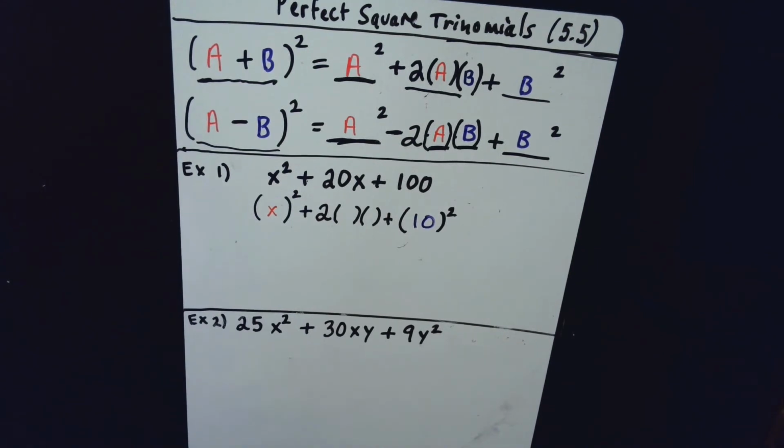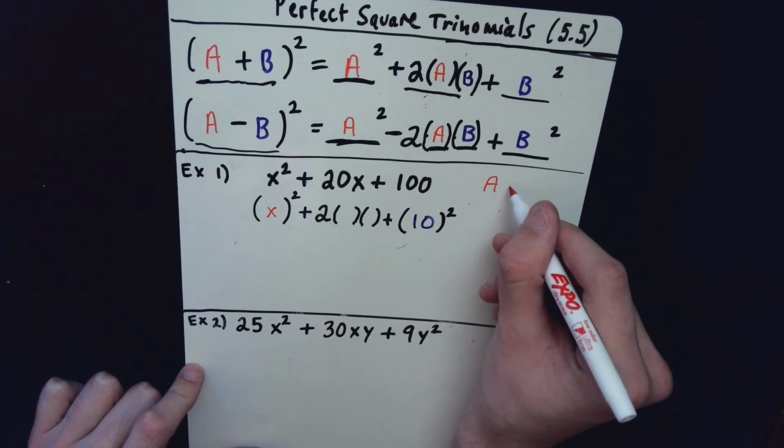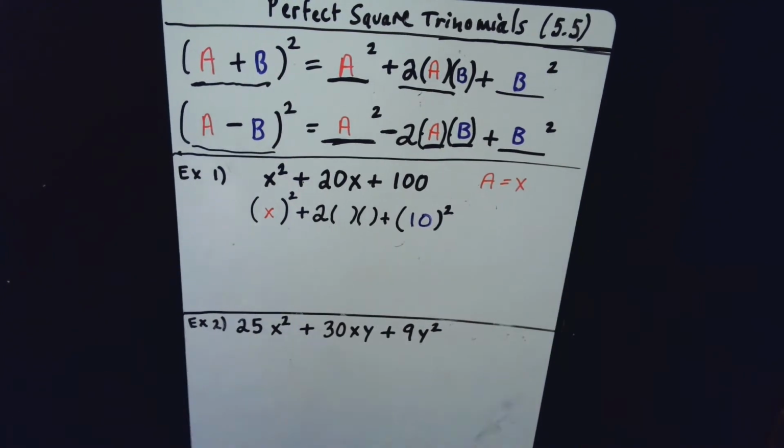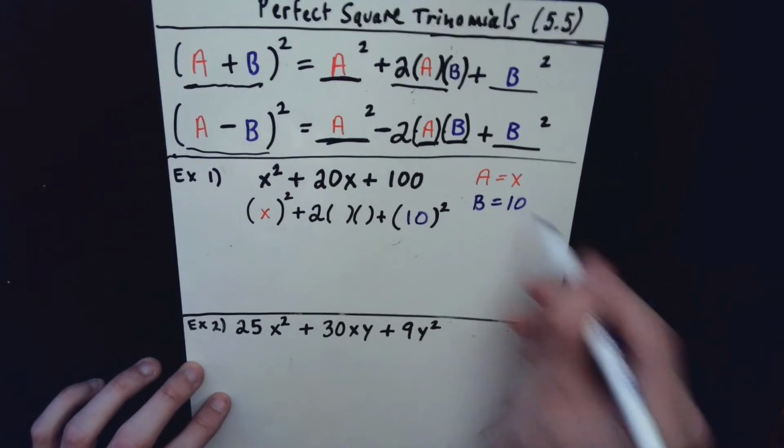Now, our labeling so far is somewhat suggestive. We've said that capital A is equal to x, and that capital B is 10.